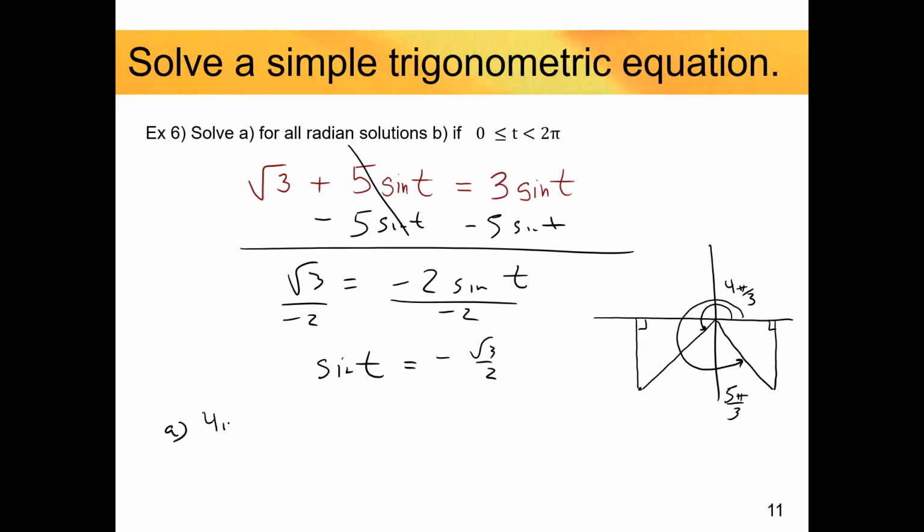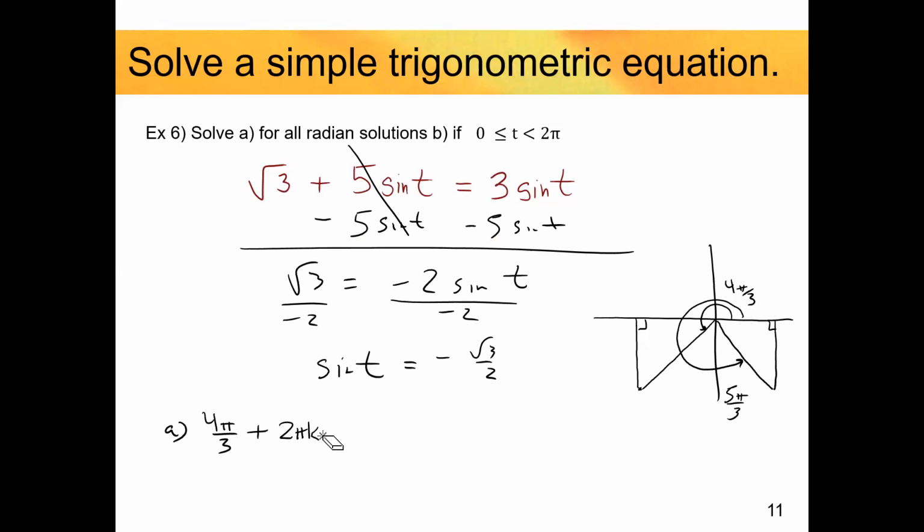Okay, A again. Let's go with 4π/3. Notice they are not 180 degrees away from each other, so I'm going to have to put 2πk. Some books use an uppercase K, some books use a lowercase k, so it doesn't matter. Just pick one and stick with it.